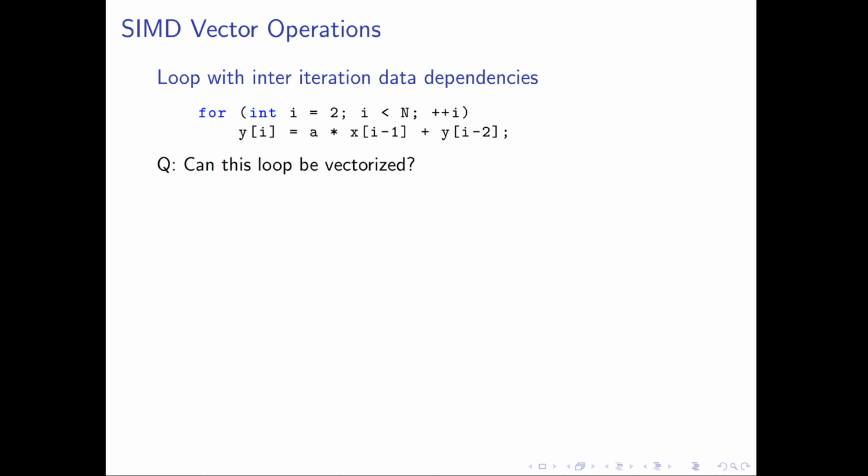Try to find out what type of loops the compiler can actually vectorize, and what type of loops it has a hard time to optimize and vectorize, and maybe try to restructure loops so that they become vectorizable.